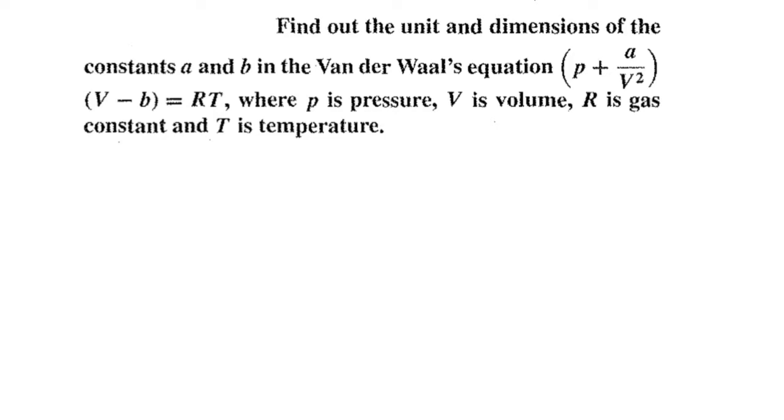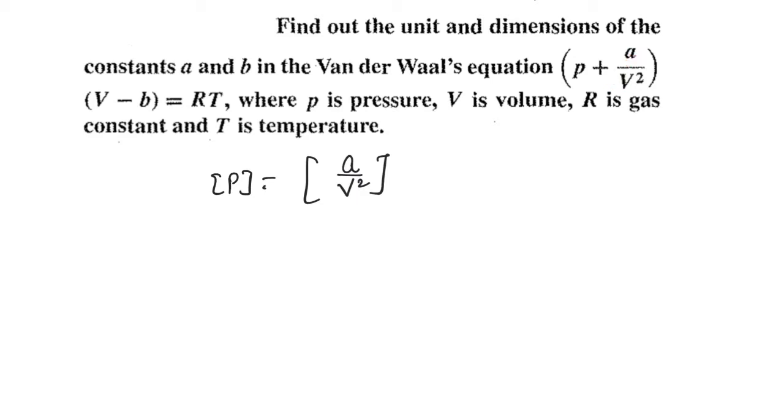Now class, notice one thing. You can add same and you can subtract same. So the dimensions of P must be equal to the dimensions of A upon V square. Suppose P is pressure. So pressure में क्या ऐड हो सकता है? We can add pressure.